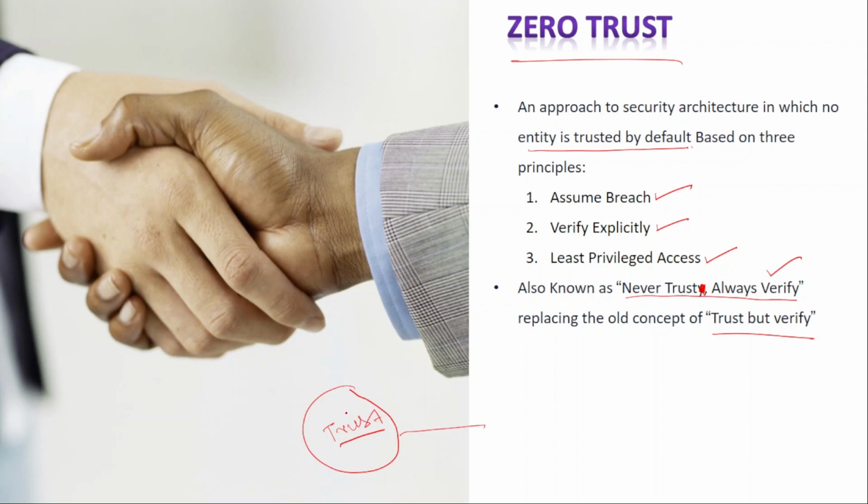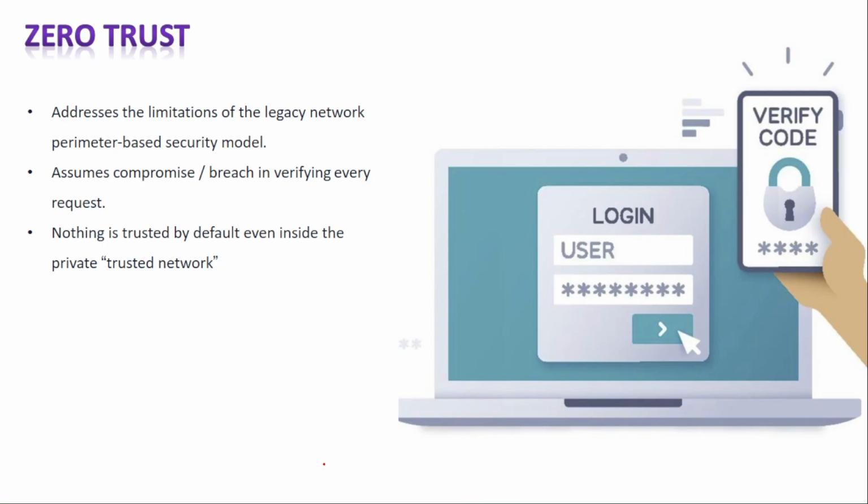So in the old days, you trusted the networks or the network devices or the users that were inside your trusted perimeters. So again, zero trust addresses the limitations of the legacy perimeter based network model.